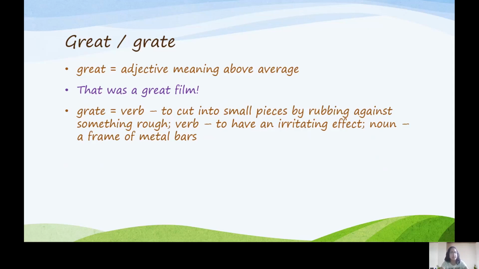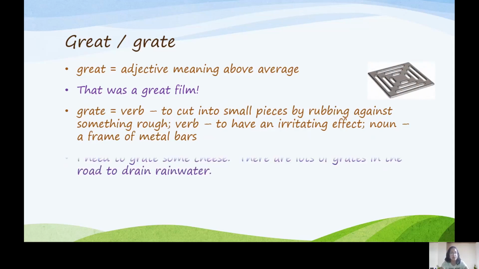Or it can mean to have an irritating effect. Or it could be a noun that is a frame of metal bars, kind of like this picture. For example, I need to grate some cheese. There are lots of grates in the road to drain rainwater.